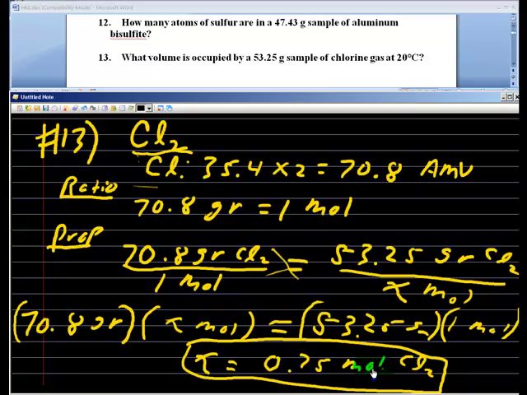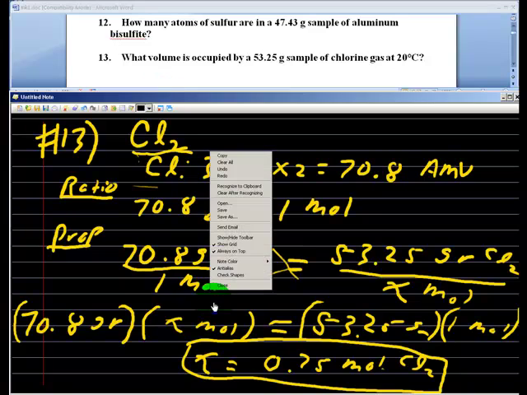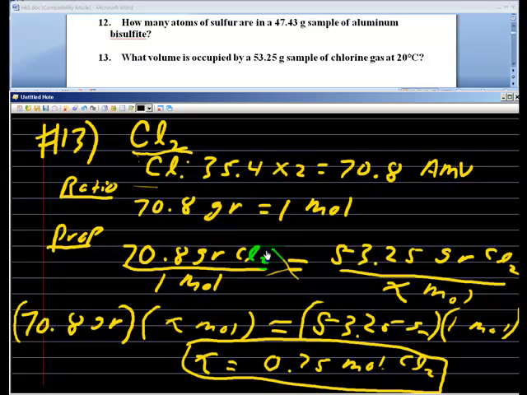If you know the number of moles, you have to now go and convert to liters, because that's the volume you're looking for. So let's remember this number, 0.75 moles of Cl2.